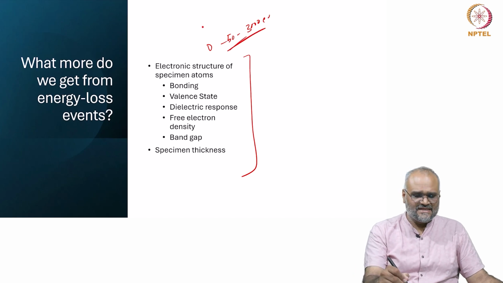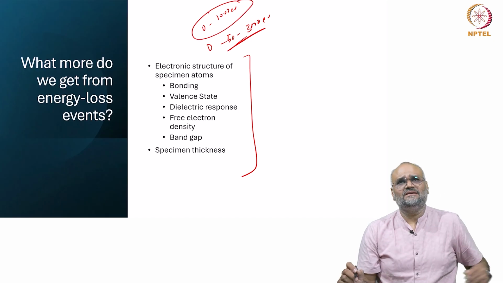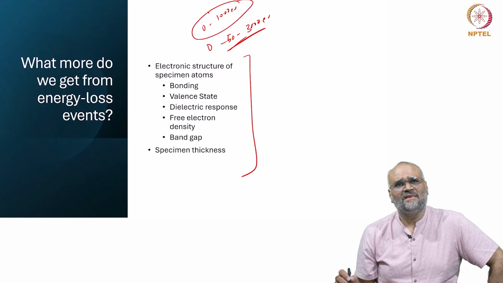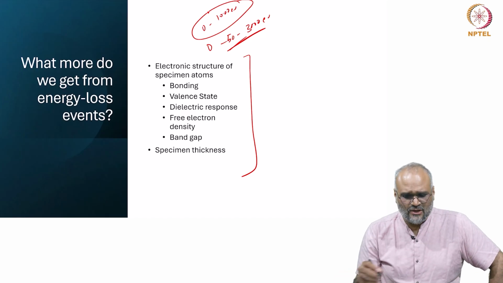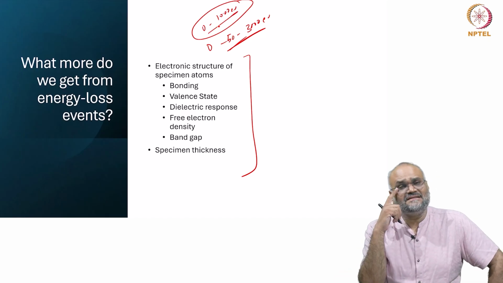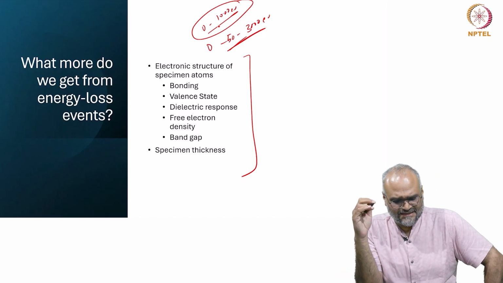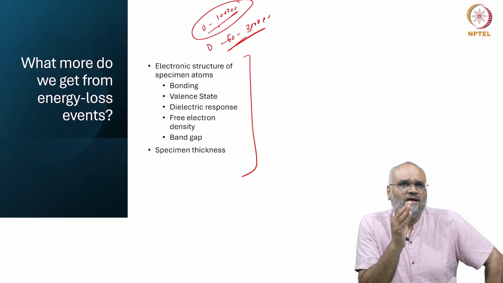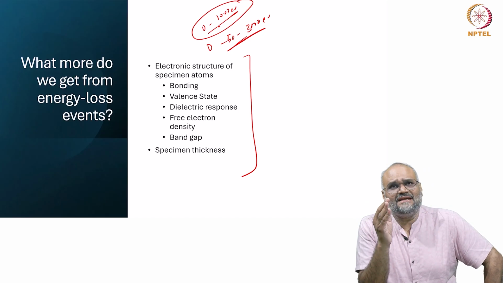Primarily within 0 to 1000 eV is what you can meaningfully measure with most of the modern day spectrometers. And from this, by looking at different energy ranges, you can either get the fine structure or the low loss spectrum, or you can get at the near edge.